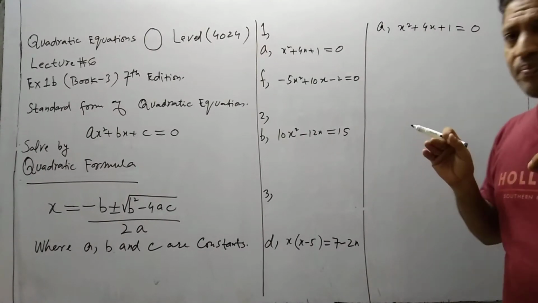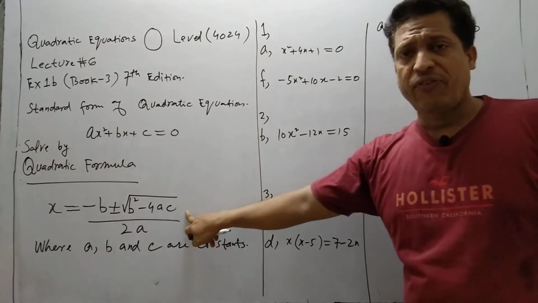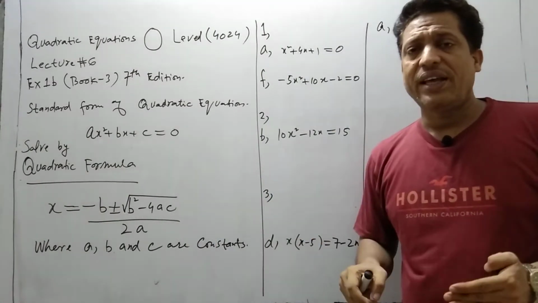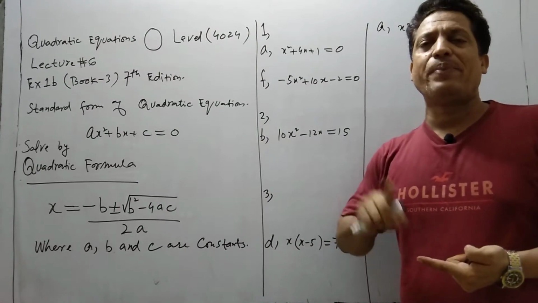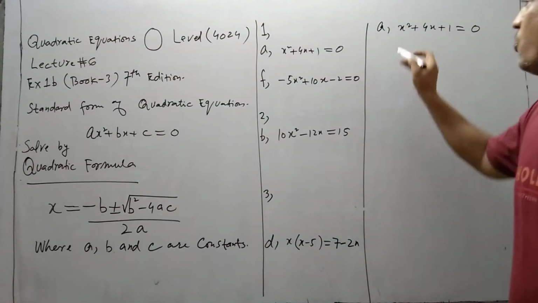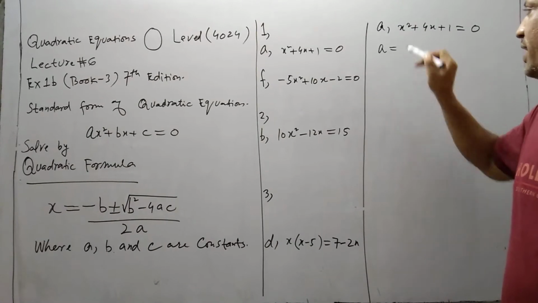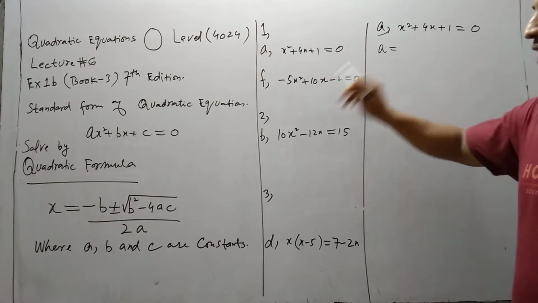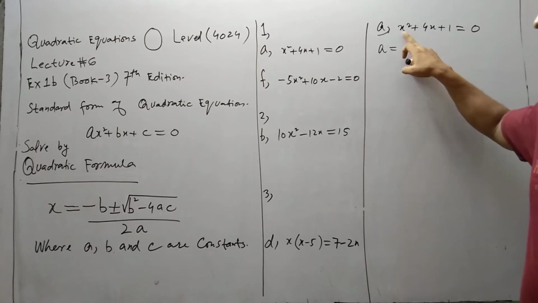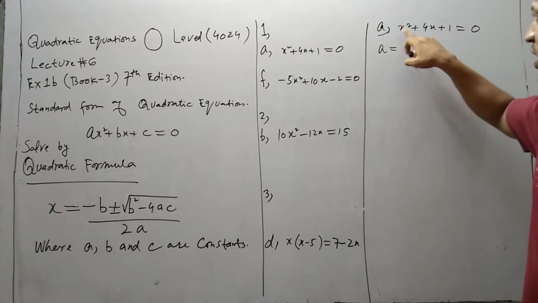Now by applying quadratic formula, we always have to write the values of a, b and c first. What is the value of a? This is part A, and this is the value of a. The coefficient of x square.